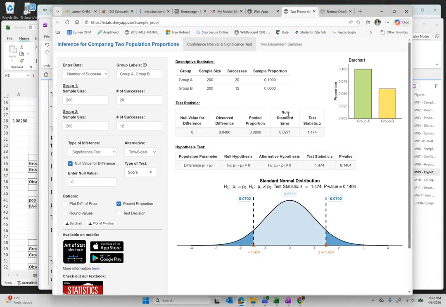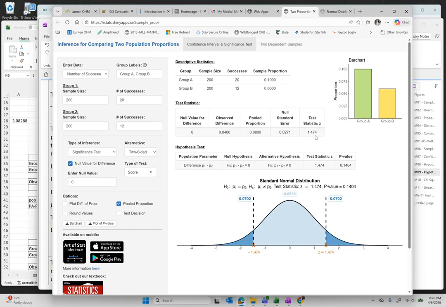It says that the null standard error ended up being 0.0271. That was the standard deviation, remember, that we will investigate later. The test statistic is a z-score, 1.474.